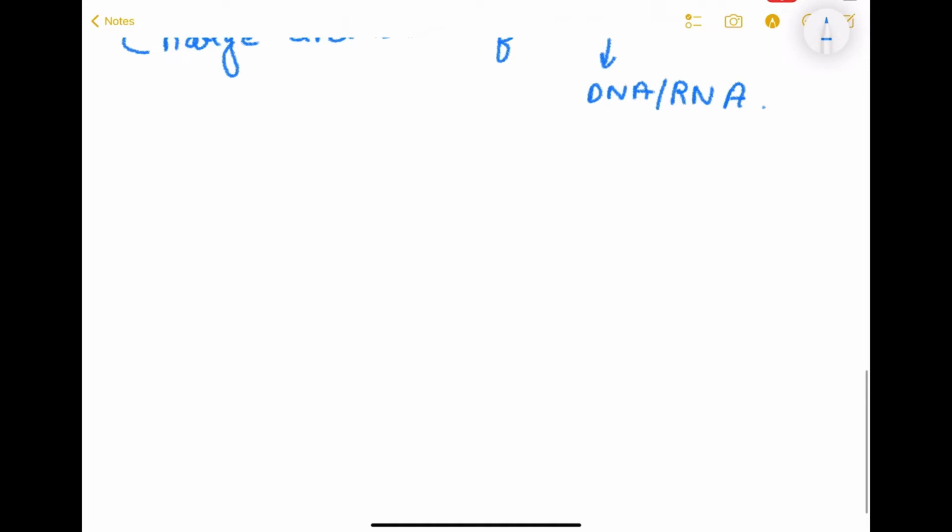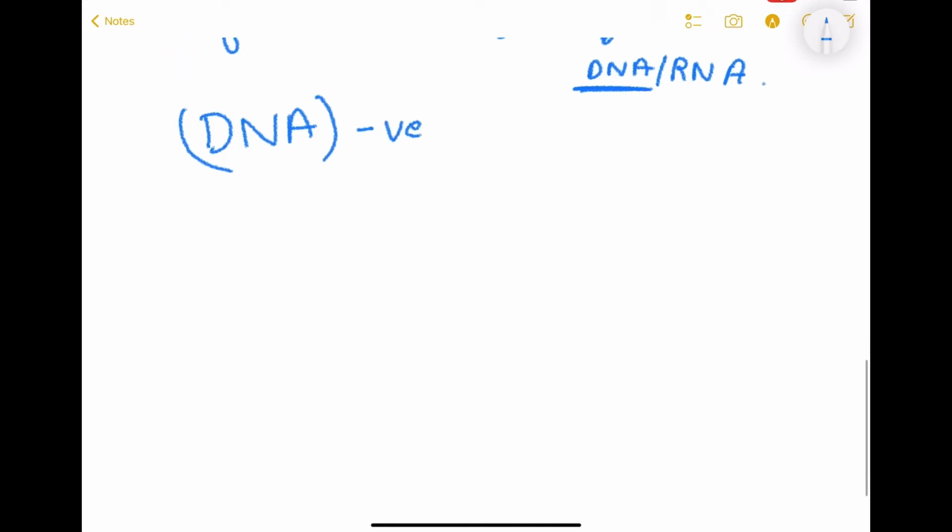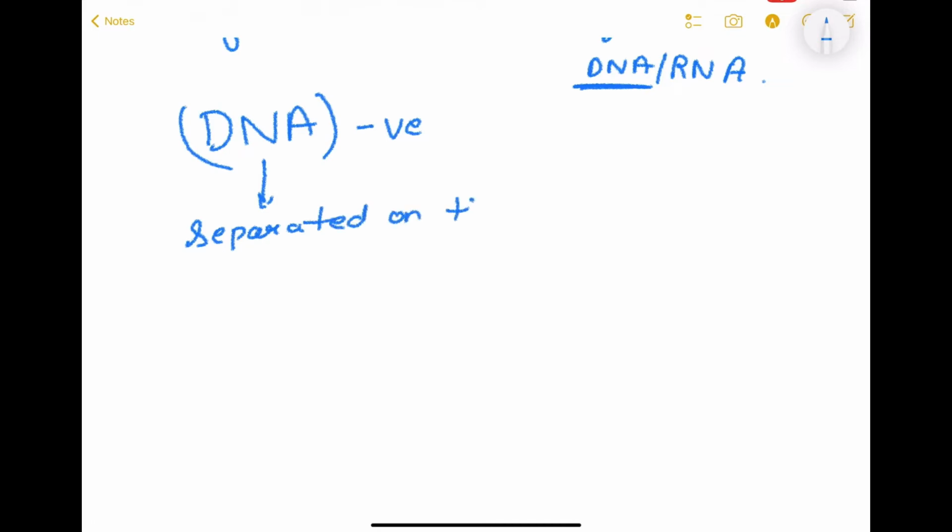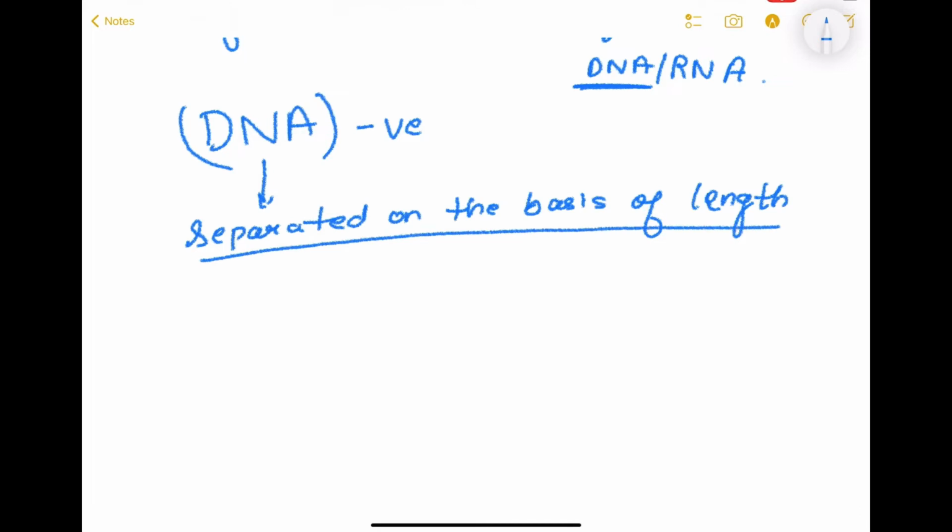We are going to take the example of DNA. As we all know, DNA carries a negative charge, and it is separated on the basis of its length.